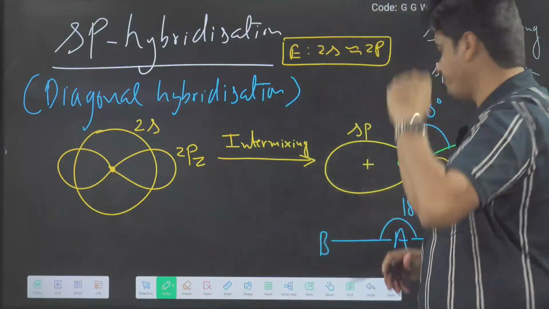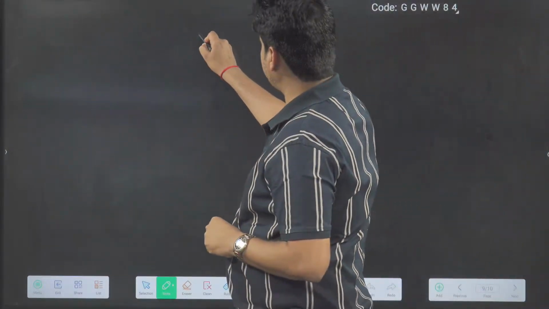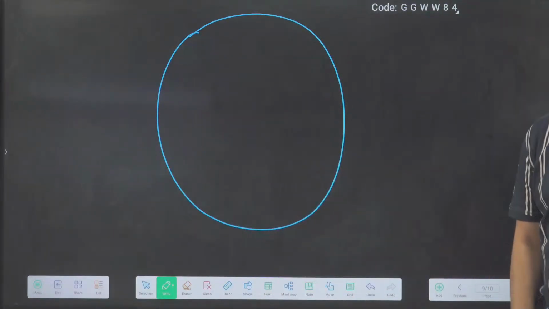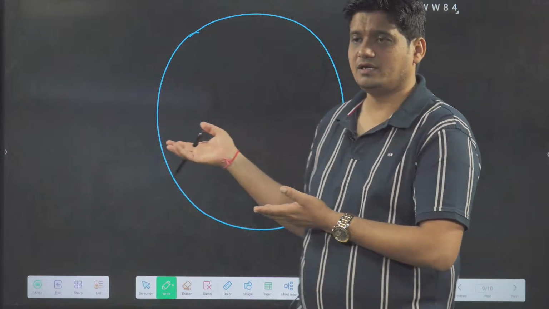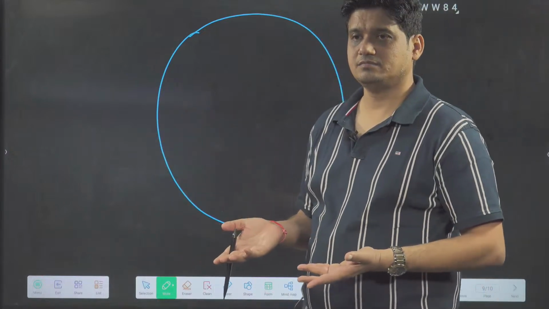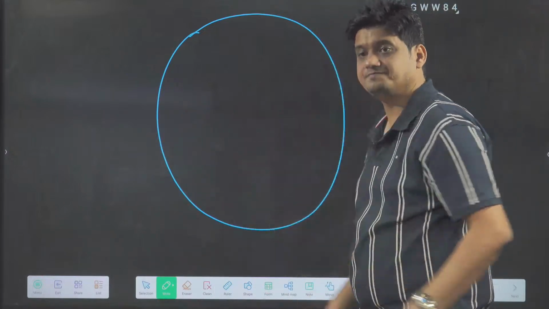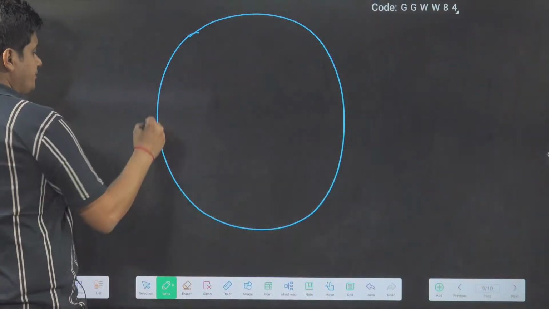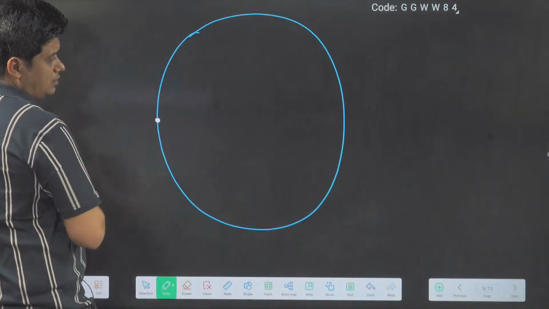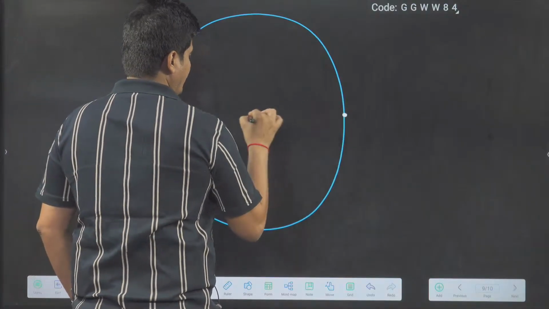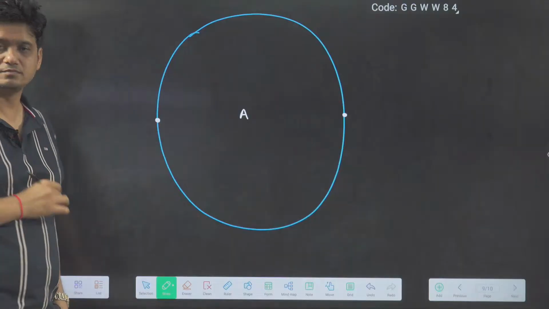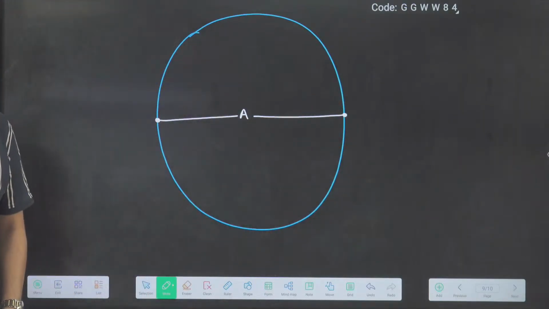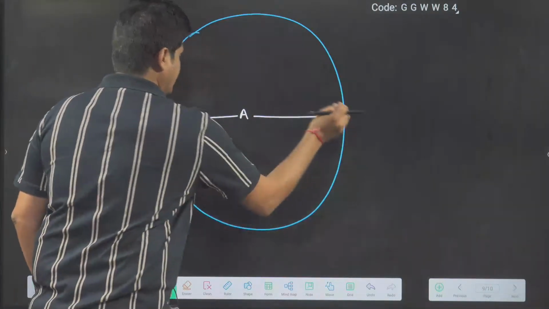Now the question is why. Assume this is a sphere. In 2D I can represent a sphere as a circle. I will draw two points, point number 1 and point number 2, passing through the center. So this becomes a diagonal, and this gives me a linear arrangement.